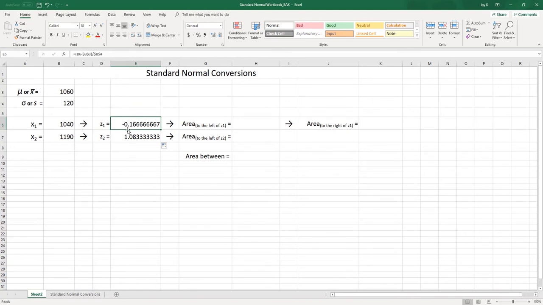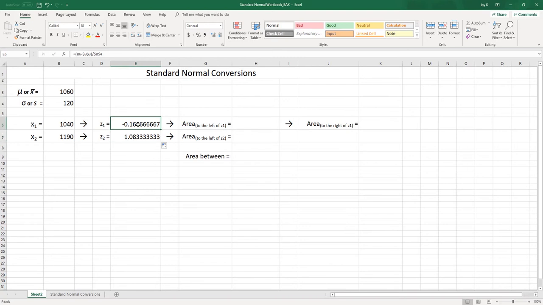Remember, we have an x value of 1040, and that corresponds to a z value of negative 0.1666667. Here we have an x value of 1190, and that corresponds to a z value of 1.08333338.